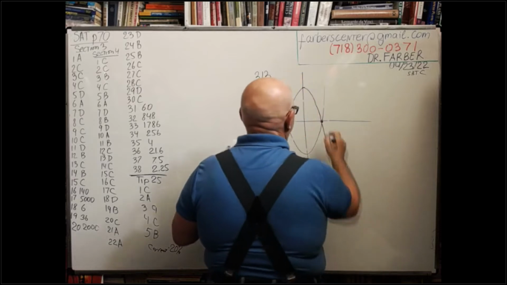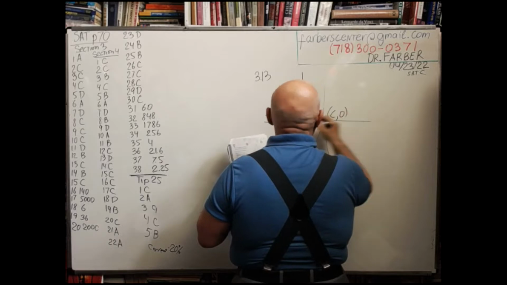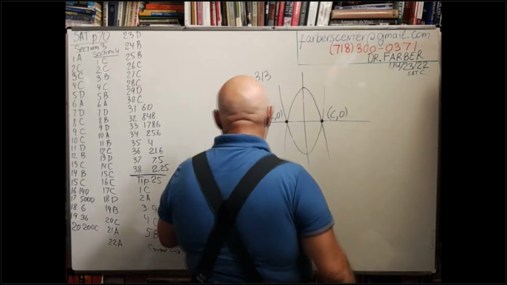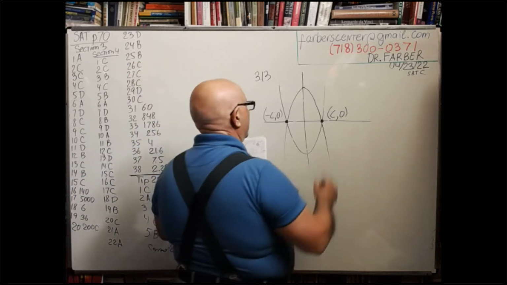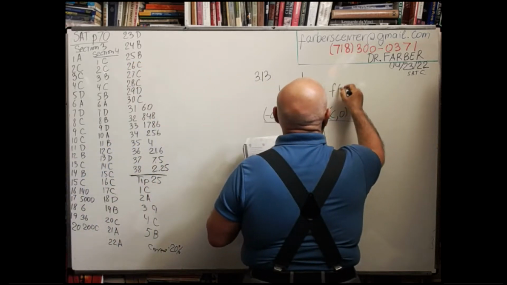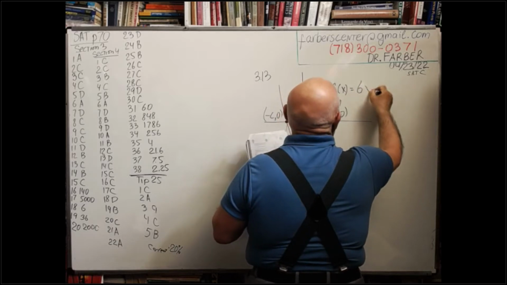This is C, 0. This upward parabola is f of x equals 6x squared minus 24.